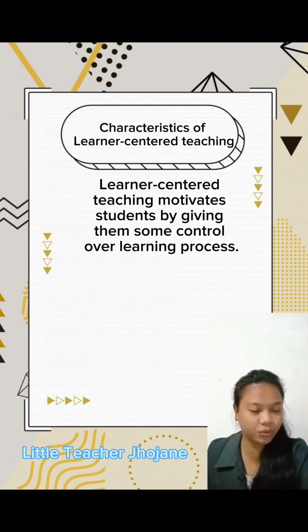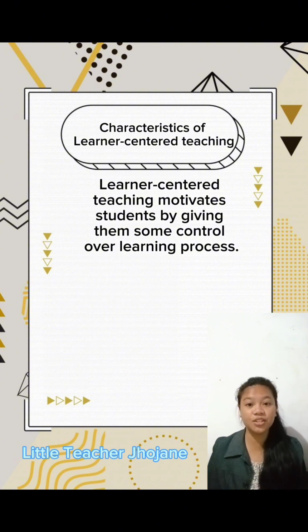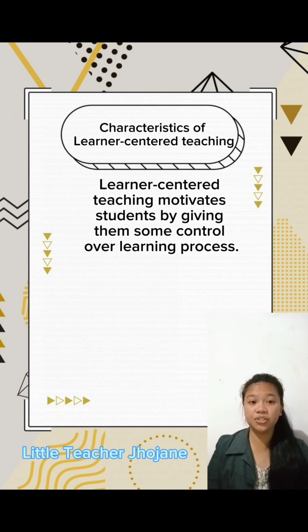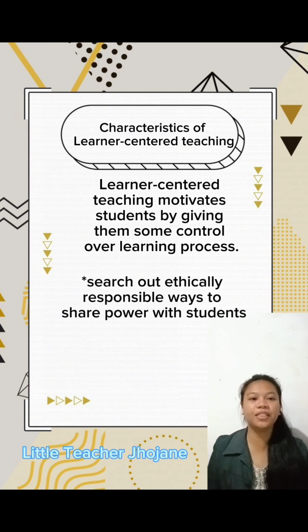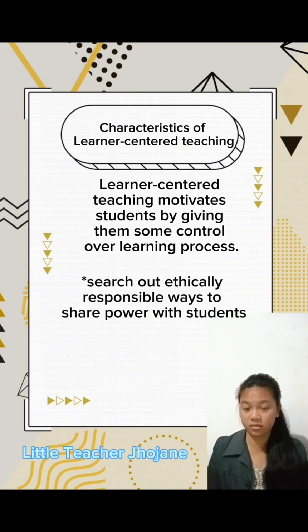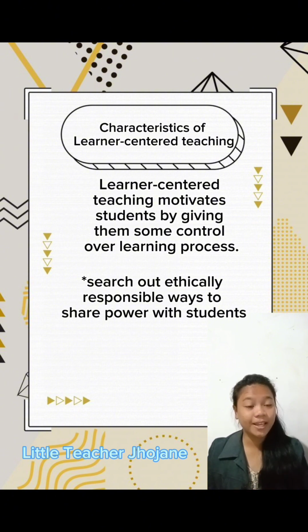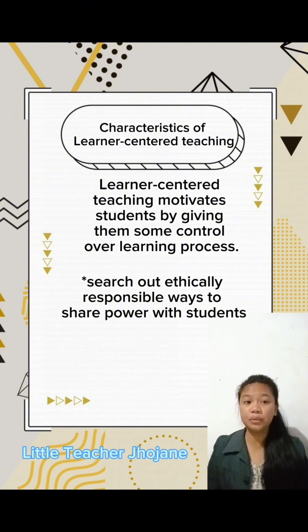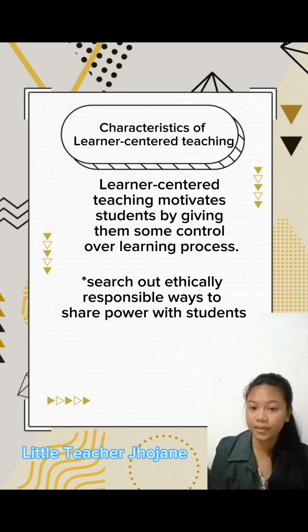So next is the fourth one. Learner-centered teaching motivates students by giving them some control over the learning process. Learner-centered teachers search out ethical, responsible ways to share power with students. In short, they encourage students to reflect on what they are learning and how they are learning it.